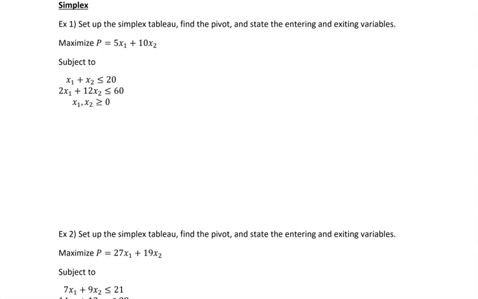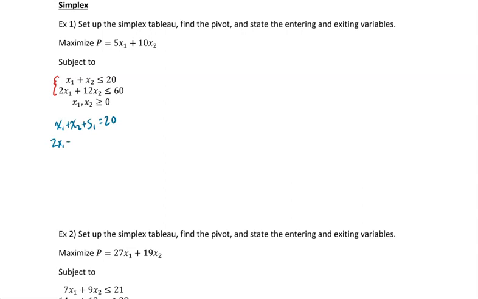Okay, so first step, before we can actually set up the tableau, is going to be to turn this I system into an E system. So remember, that just means we're going from the inequalities to equations by adding slack variables. All right, so if we take that first constraint, it's going to be x1 plus x2 plus s1 equals 20.